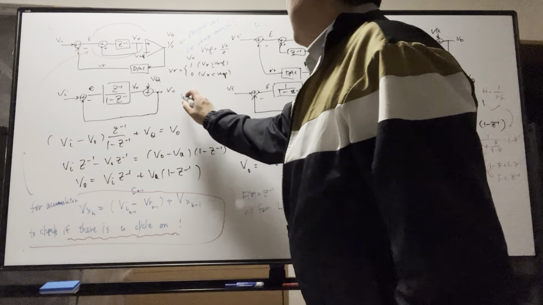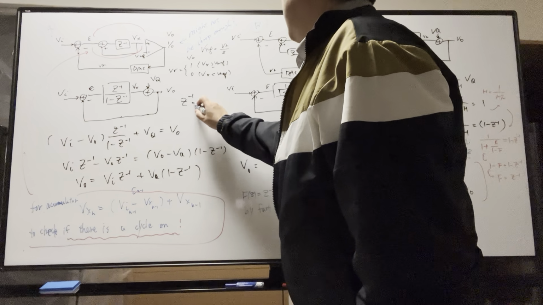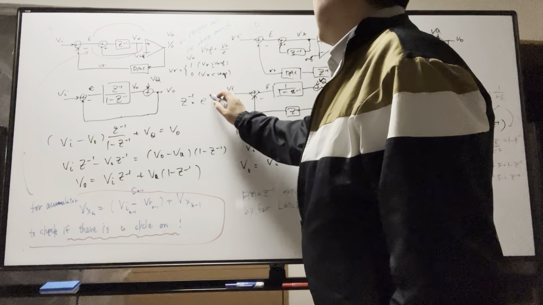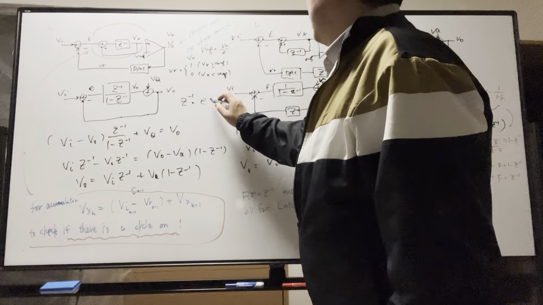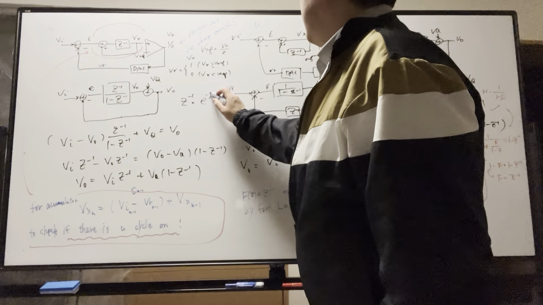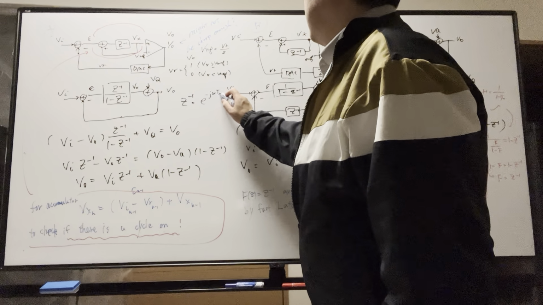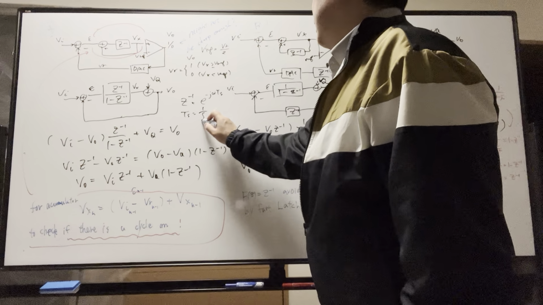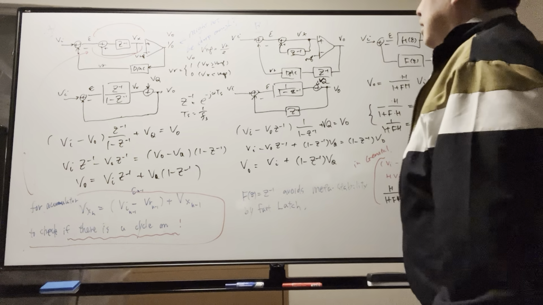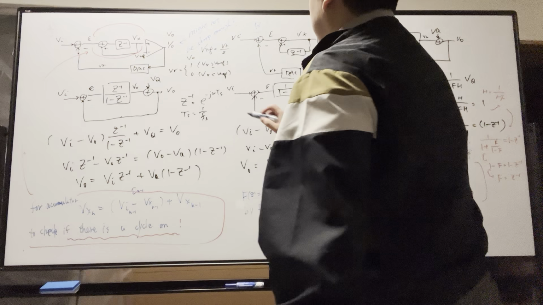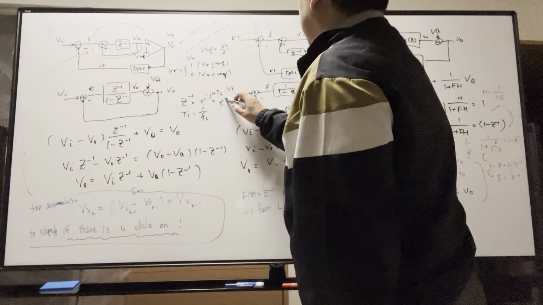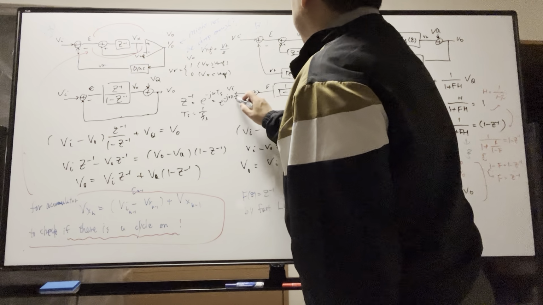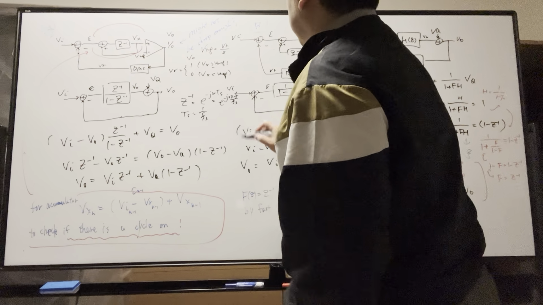Z space means just a phase shift of sinusoidal signals, like exponential minus j omega Ts. Ts is 1 over fs, the sampling frequency, the sampling period. And omega is just 2 pi frequency f divided by fs.